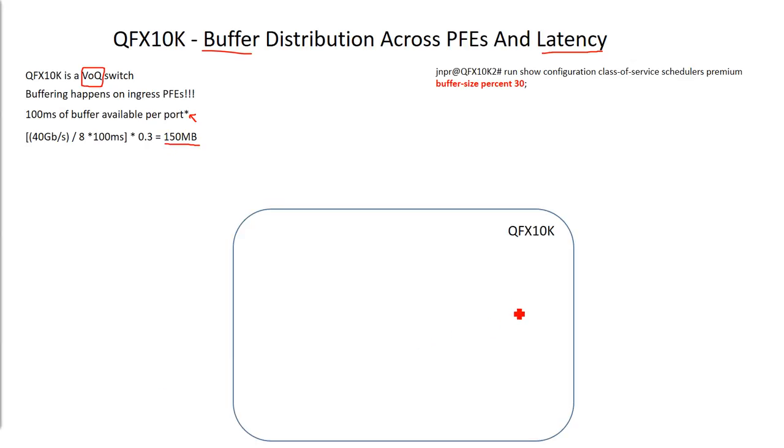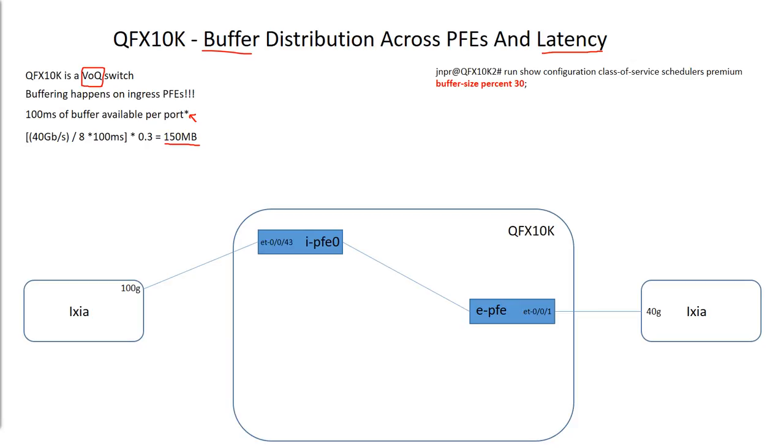So let's start. I will be using QFX10K, QFX10K2 actually. Ixia is a test generator, and for the first case we are going to send one flow and observe what happens in this case, whether we can get to these 30 milliseconds and whether Ixia agrees with our assumption that 30 milliseconds should be the delay when this port is under congestion.